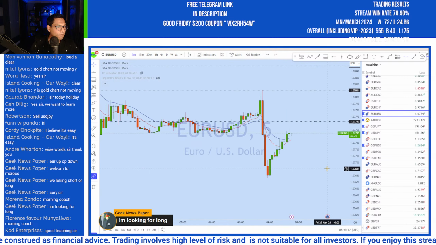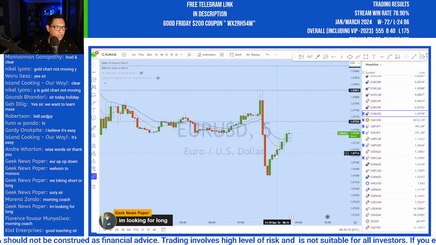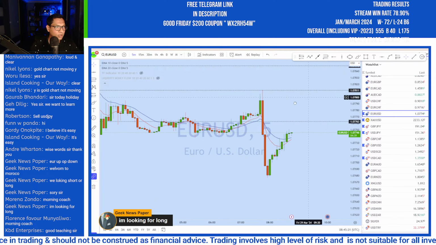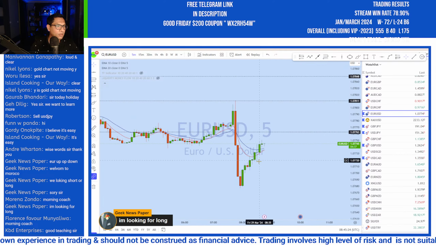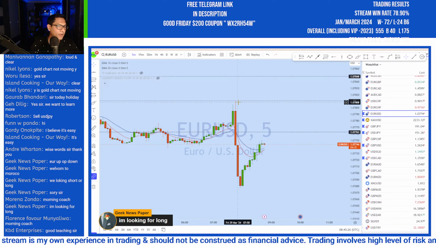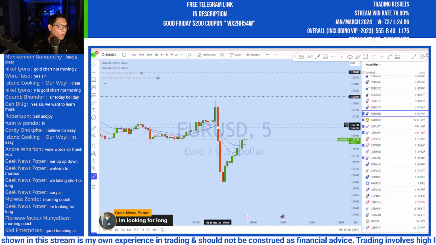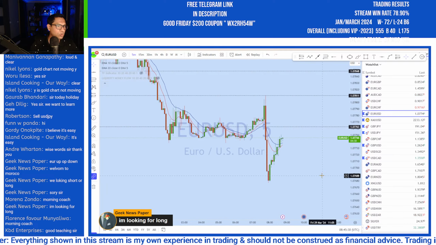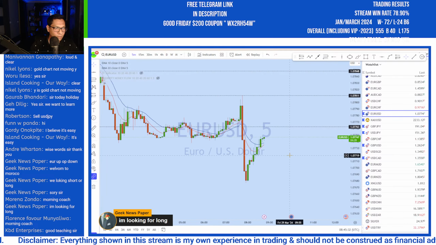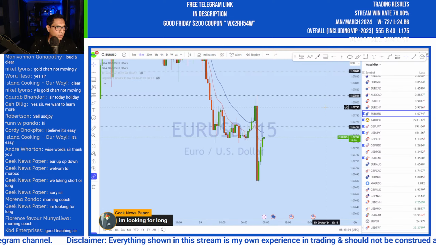Here it is still a locally bullish channel. This price might even now go back to this level here. Where it is going to stop, that's what we need to look at, and then we can look for that selling opportunity on euro dollar.